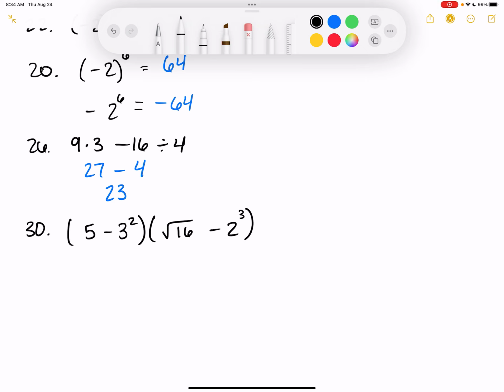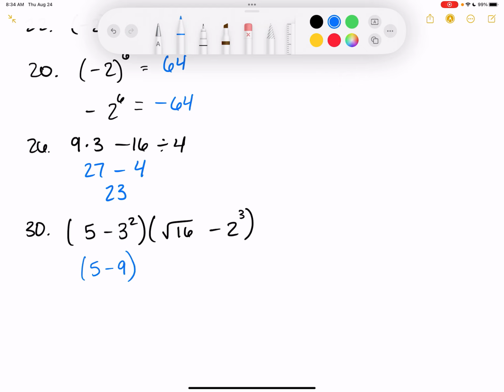So I'm going to work each parentheses individually, and within each one I'm going to do order of operations. In this first one, I have a 3 squared, so that's going to be 9. So this is 5 minus 9 in here.